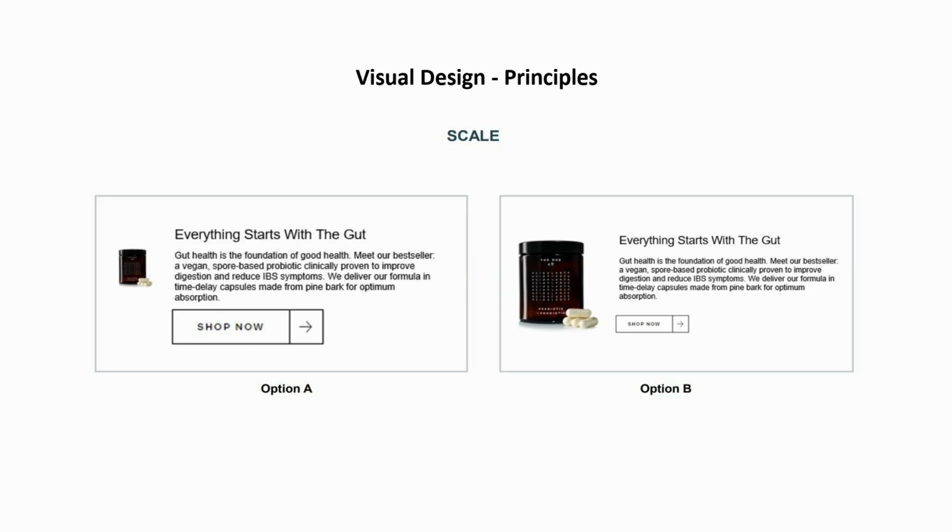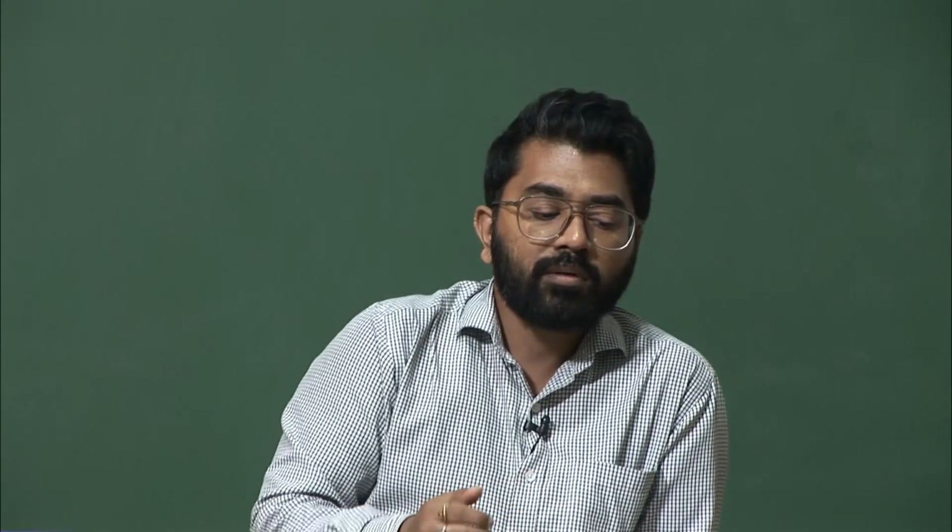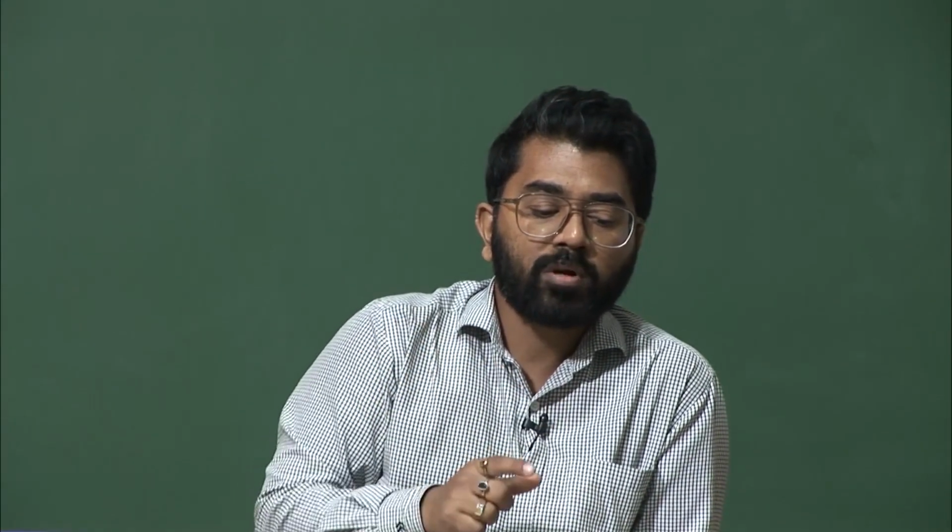Here we cannot call this a hierarchy, because we don't have the same kind of elements. In the hierarchy example, we had just words with different bolds or higher sizes and whatnot. Here we have different elements: pictures, a shop now button, and a highlight and a detail of the highlight. So these are wrongly scaled, right?